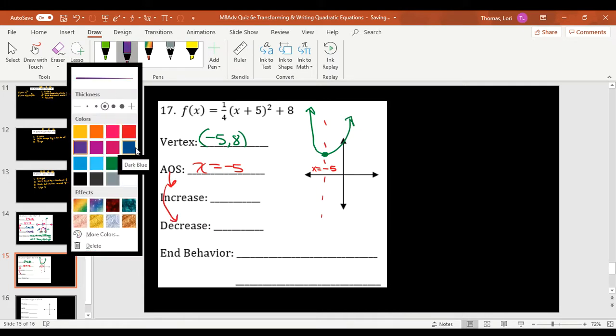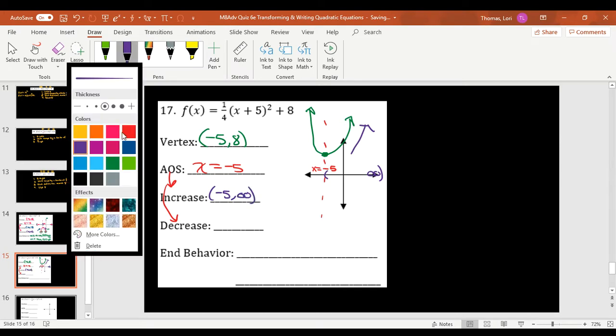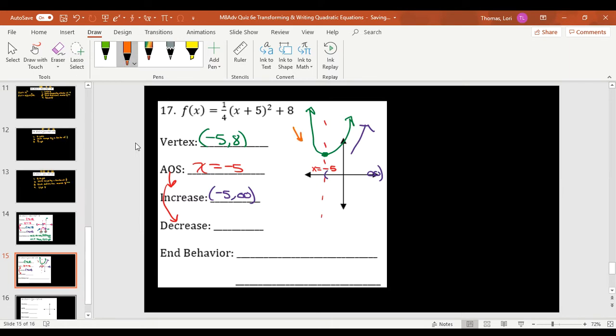So our graph is increasing on the right side. So from -5 to positive infinity, we increase. And then on this left side of the AOS, my graph is going down.